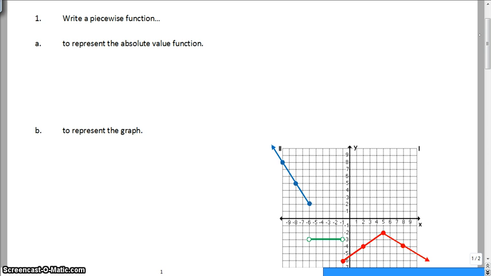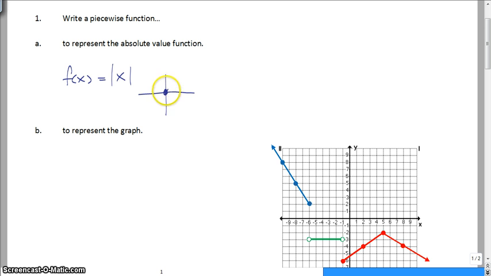So here we go. First thing says represent an absolute value function. Now we want to write it as a piecewise function. So the first thing you have to do is think about what an absolute value function looks like. Here's the absolute value of x, but if we think about it graphically, the standard absolute value graph looks like this.